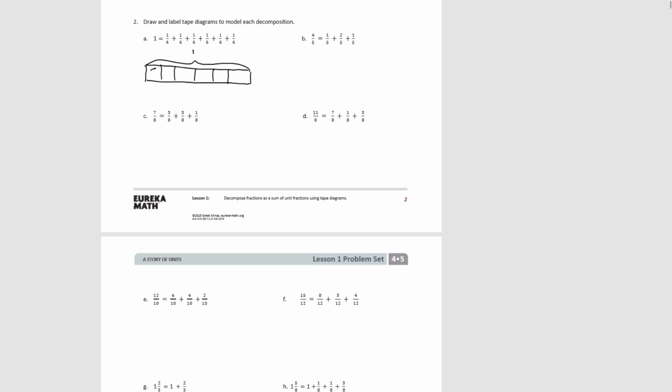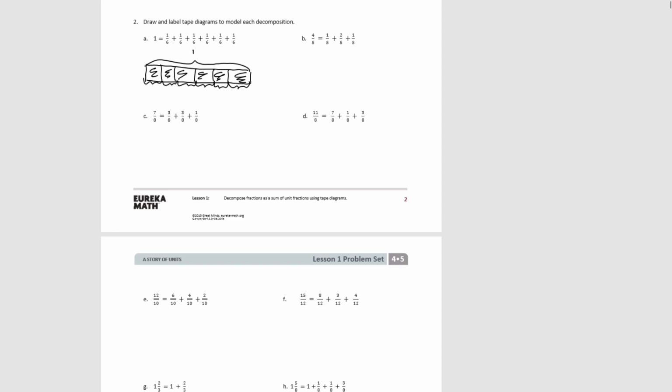And we're looking at 1, 2, 3, 4, 5, 6 pieces. And we're adding them together one at a time. So we're bracketing 1/6 6 times, and that would match this number sentence.